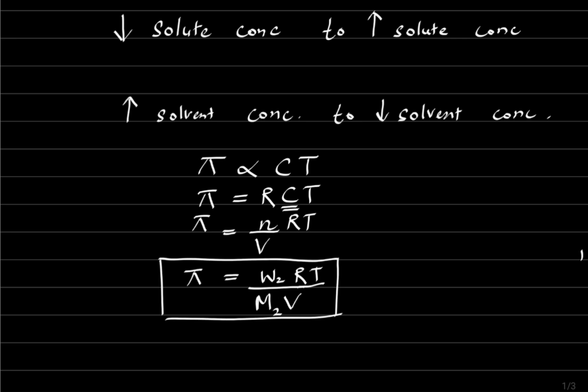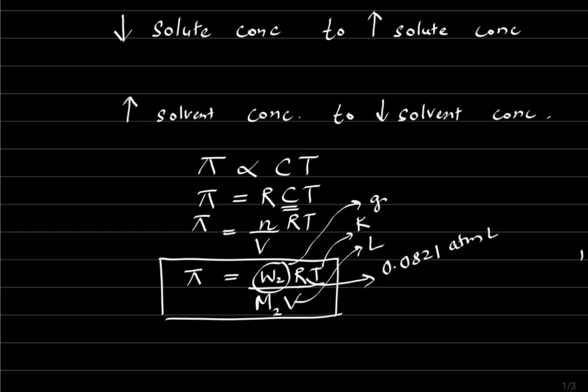But you'd have to be a little careful about the units. Temperature has to be in Kelvin. Volume has to be in liters. W2 has to be in grams. And value of R would depend on the unit of osmotic pressure. If you express osmotic pressure in atmospheres, the value of R would be 0.0821 atmosphere liters per mole per Kelvin.